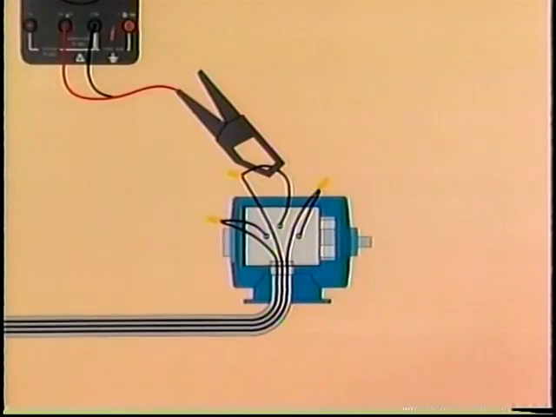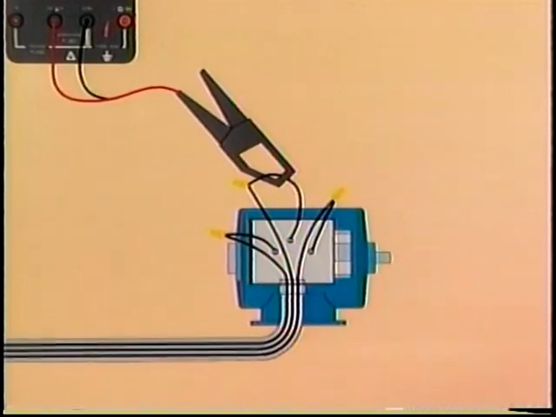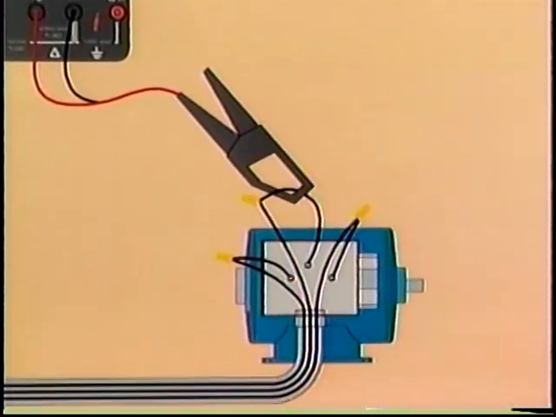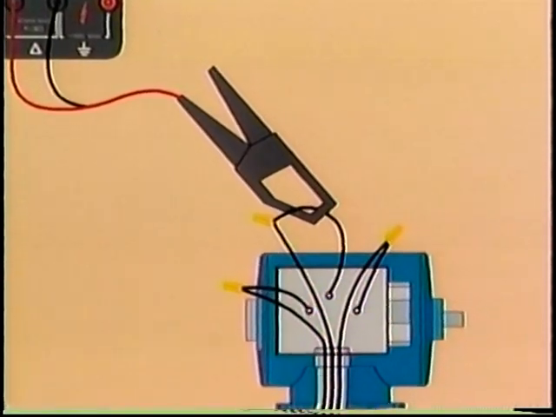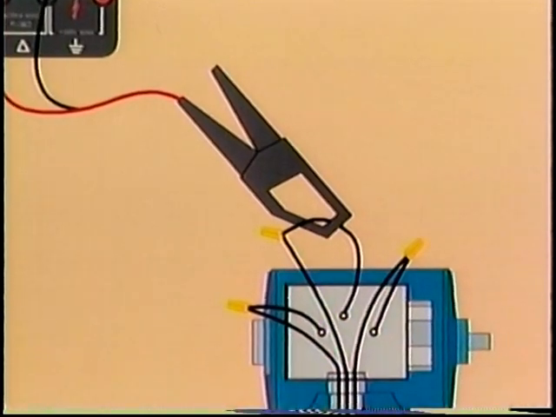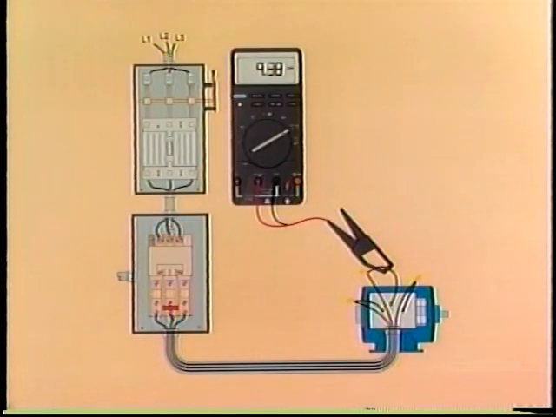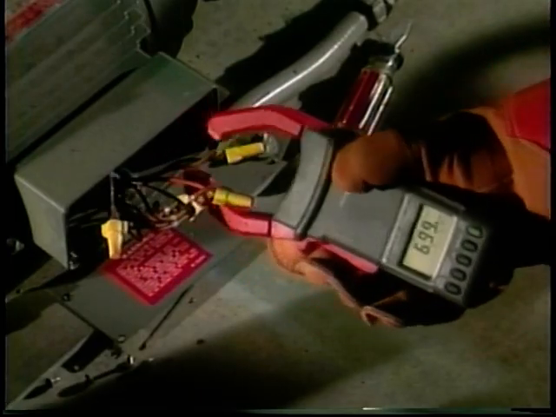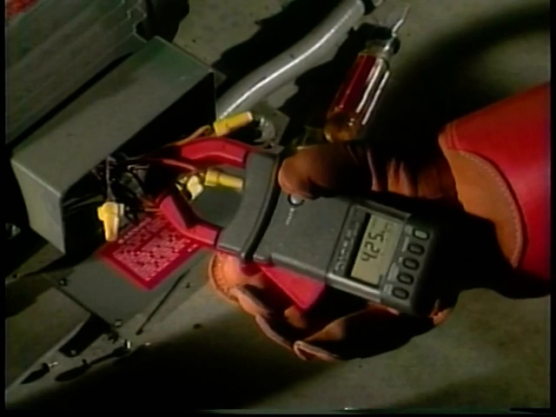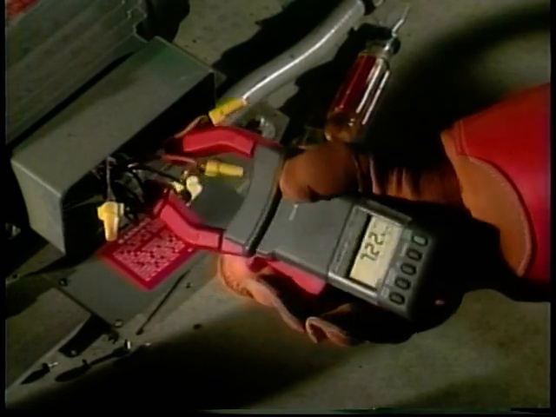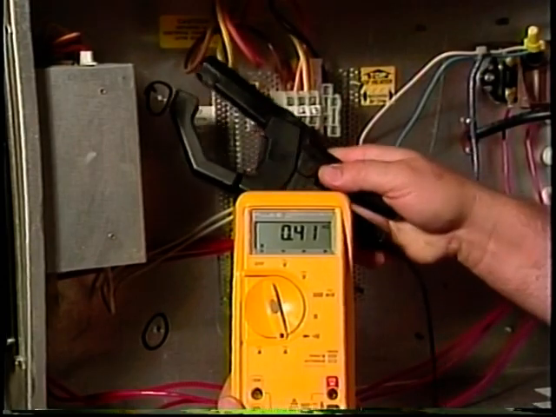A clamp-on ammeter is a meter that measures current in a circuit by measuring the strength of the magnetic field around a conductor. Clamp-on ammeters measure currents from approximately 1 amp to 1,000 amps or more. Clamp-on ammeters are the preferred method of taking current measurements because they do not require an opening of the circuit.